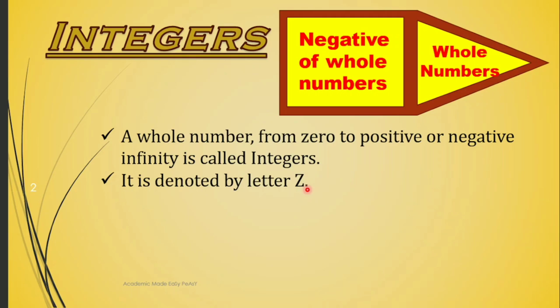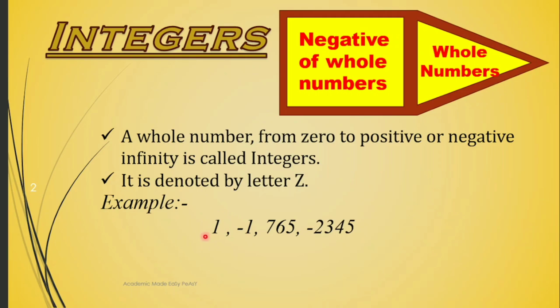Next, let us see the examples of integers. As we know, whole numbers start from 0, 1, 2, 3, etc. We will have these numbers along with positive or negative signs. Positive signs we won't represent.